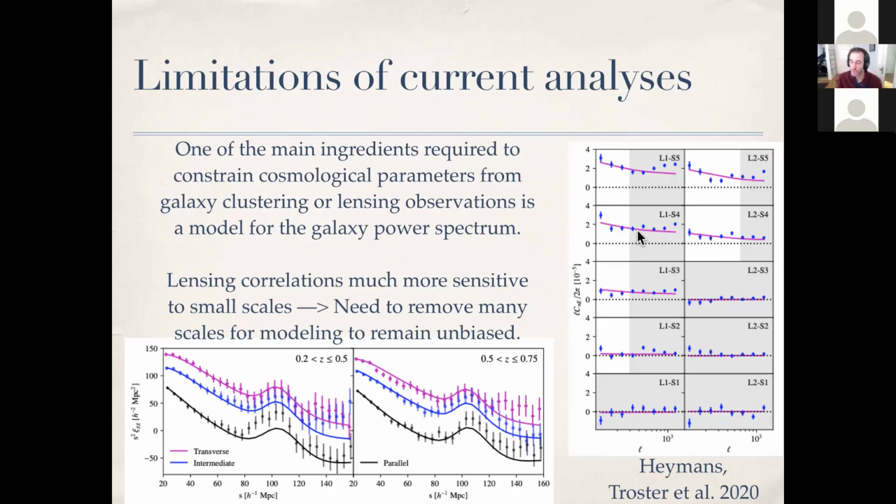And that, in combination with the fact that these lensing surveys tend to be smaller than the galaxy surveys, and so the larger scales are not as well measured, means that in order to remain unbiased in our modeling of these statistics, we need to remove large amounts of the data that we actually measure in these surveys. So all of the grayed out regions here are removed because we can't model them with these perturbation theories, with these models that have been developed for these 3D clustering measurements.